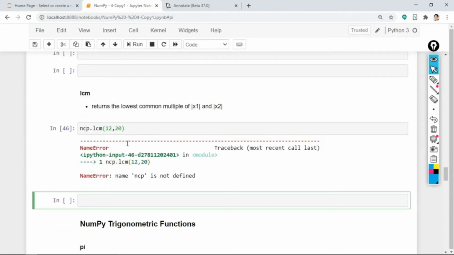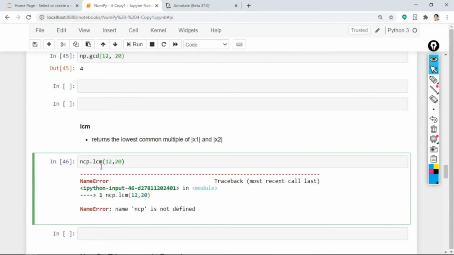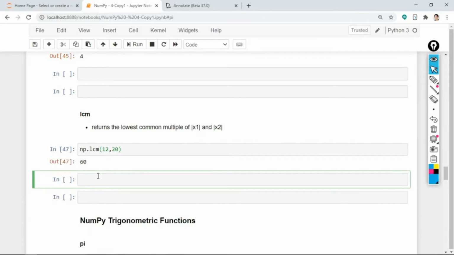We have an error here, because I did not define np. So it's np.lcm, and we have 60.